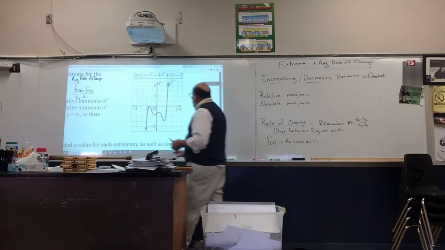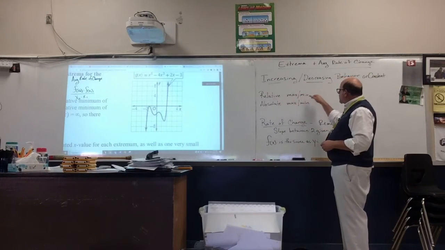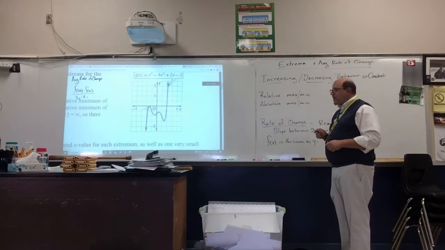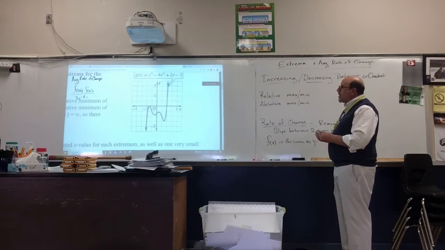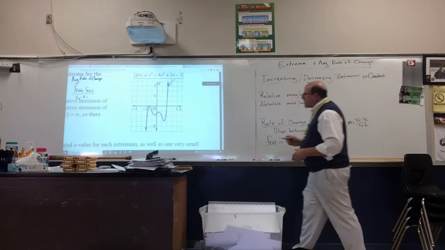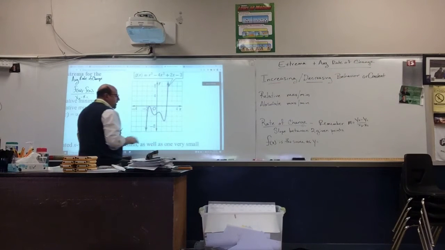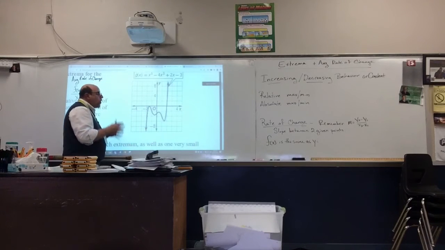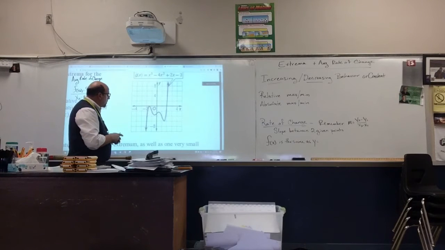Let's move to the second part of the show. The second part is talking about maximums and minimums, all right? Relative maximums and minimums, or absolute maximums and minimums. Just looking at this graph, right now this graph only has relative maximums and relative minimums.